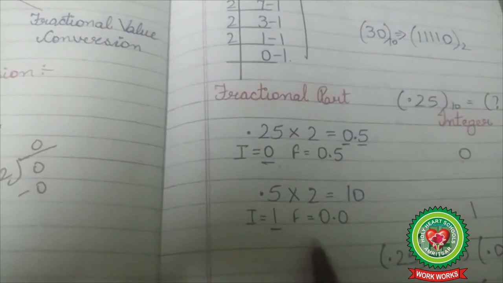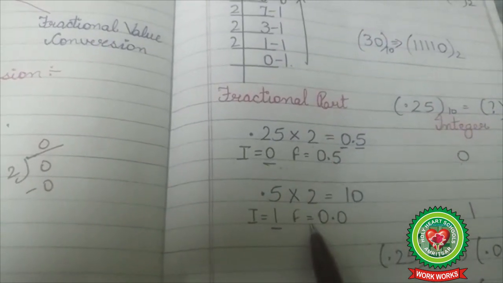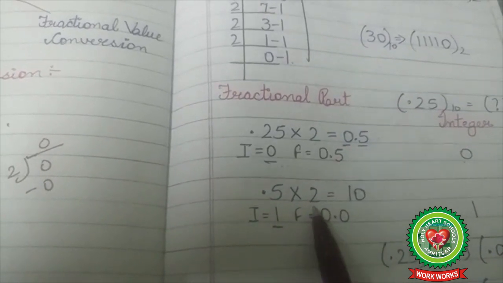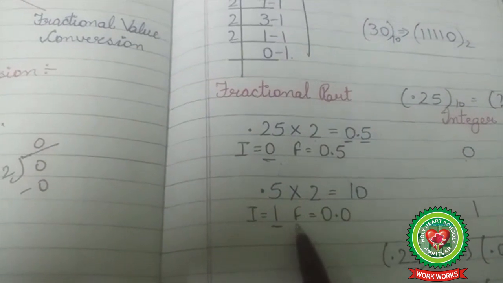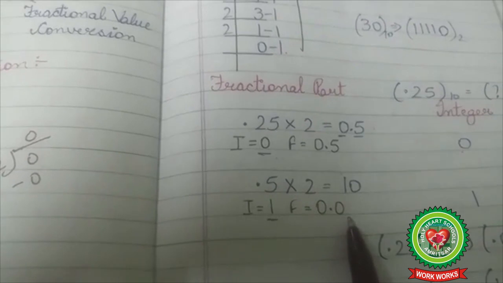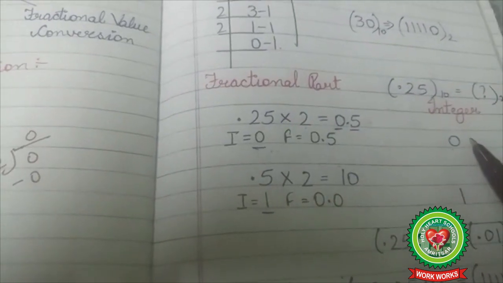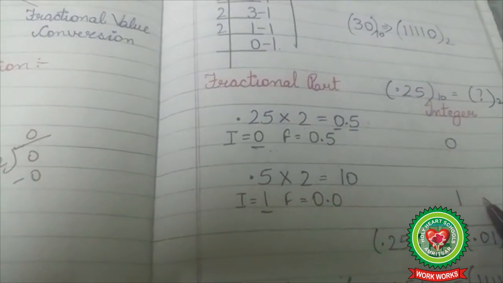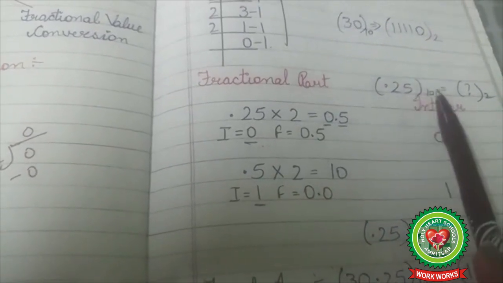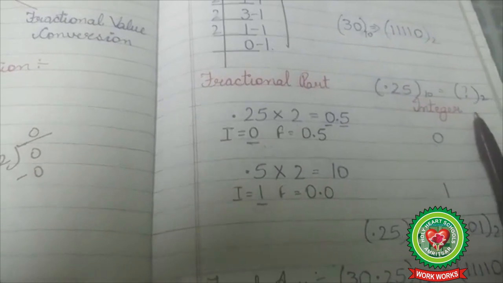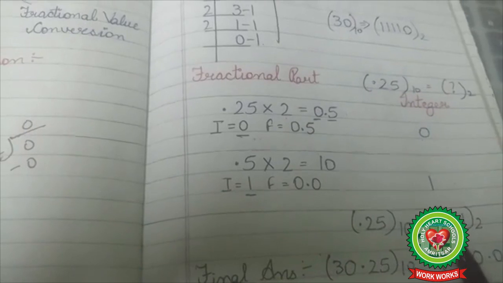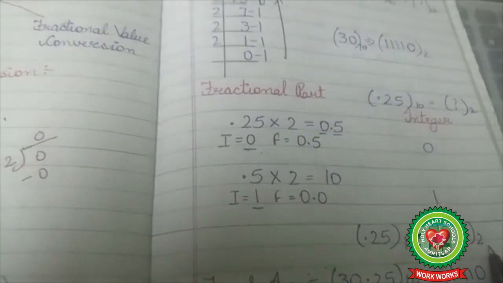In this process we multiply the fractional part by 2 till the fractional part becomes 0.0. Here the integers come 0 and 1. So the fractional part 0.25 base 10 is converted to binary base 2 and the answer is 0.01 with the base 2.